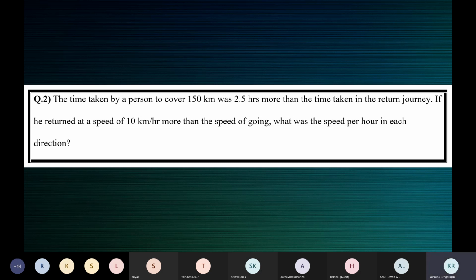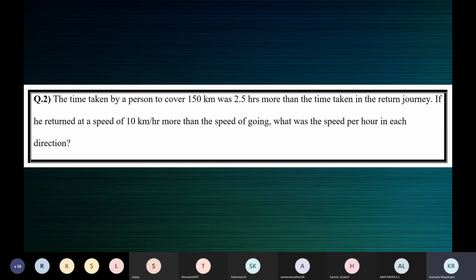If he returned at a speed of 10 kilometers per hour more than the speed of going, he increases the speed while returning. That's why he takes less time. What was the speed per hour in each direction? They want you to express the speed per hour in each direction.